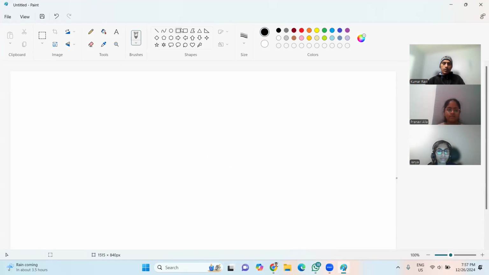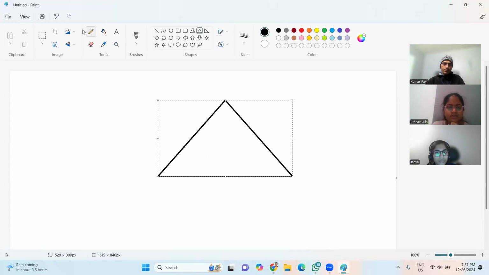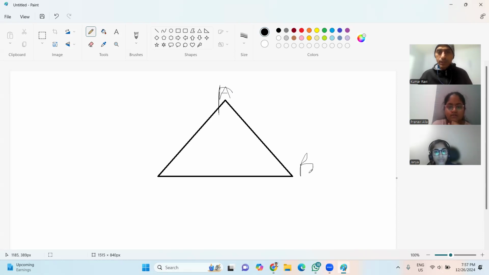What I'm telling you is, suppose this is our triangle. Do you see any triangle here? I'll take this one. This is my triangle, and suppose this is my angle A. This is A, and suppose this is B and this is C. These are the angles, right?